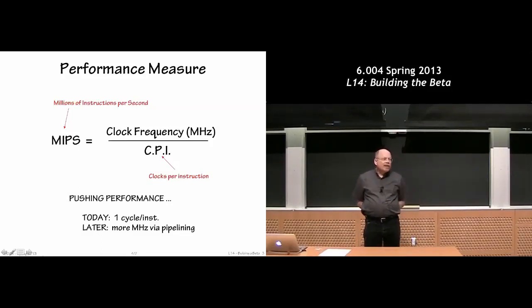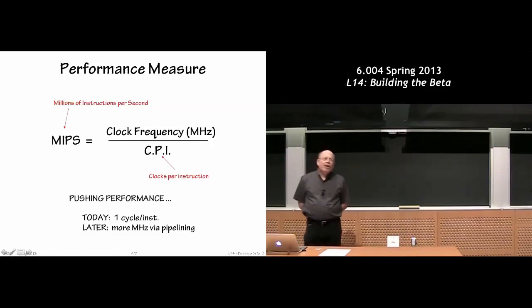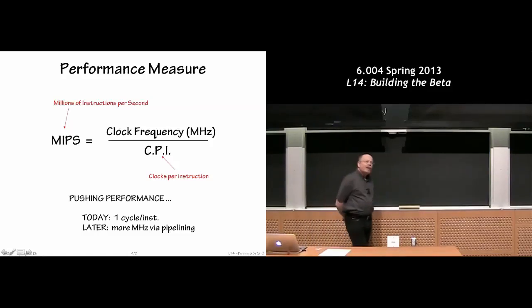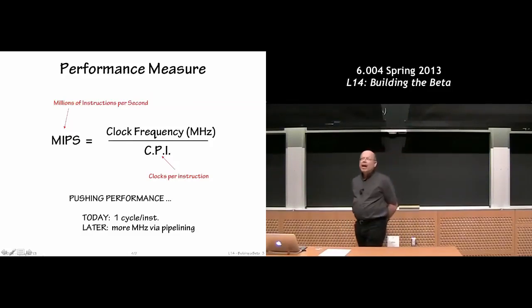Nowadays, the computers that we have in our pocket can probably complete several hundred million instructions per second, and then sitting in front of us, our laptop, maybe a billion or 2 instructions per second. And maybe in a supercomputer center several times that.